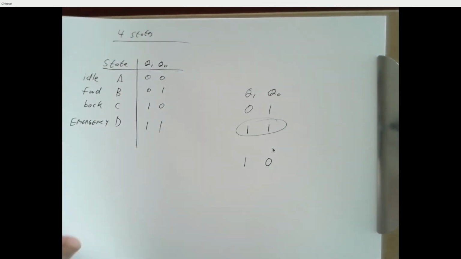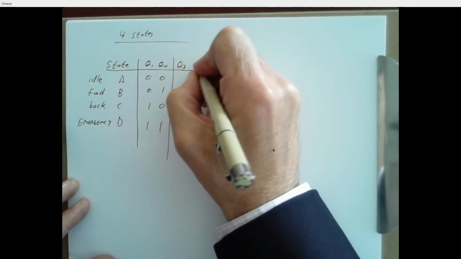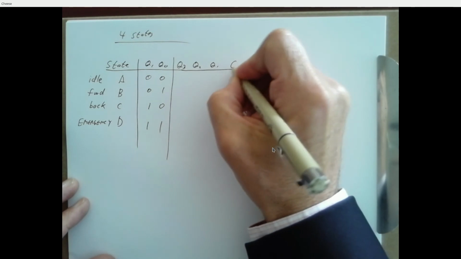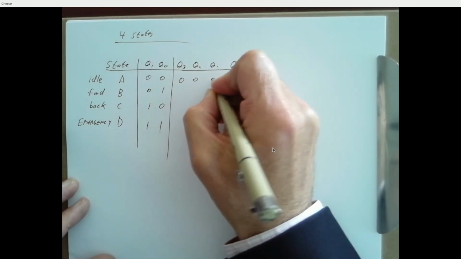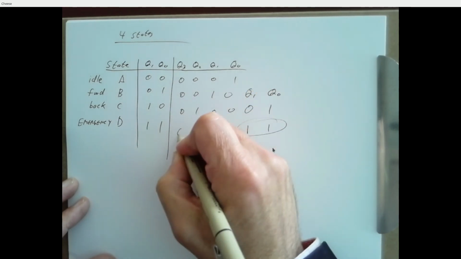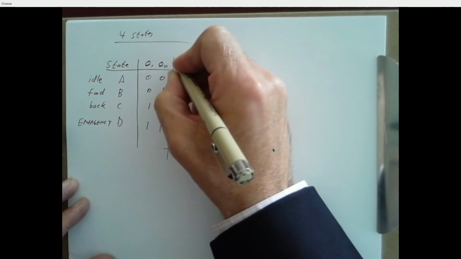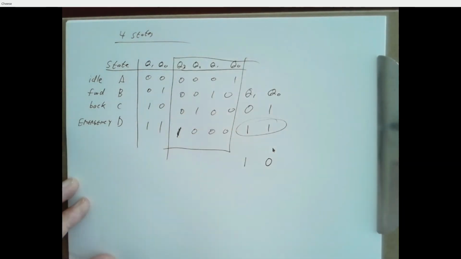So here's how we can deal with that. We can have a totally different coding using 4 flip-flops. This is called one-hot encoding, meaning that there's exactly one flip-flop that's outputting a 1 in any valid state.